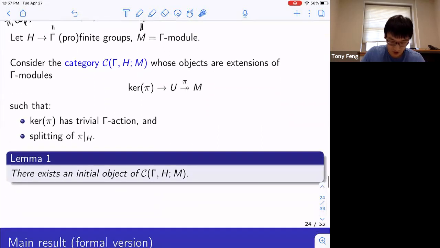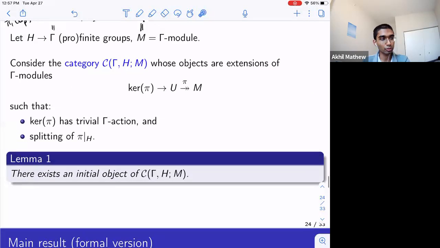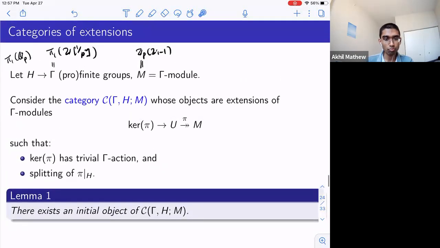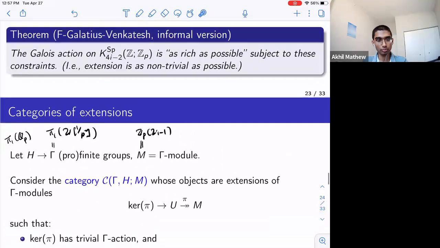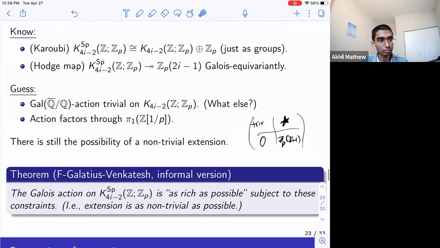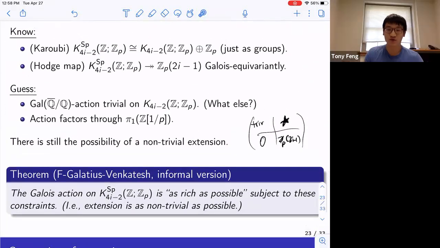But okay, there's a question from Ellen, whether the gamma action on the kernel is trivial or not. Very good question. As I say, this was just a guess of what should be true. It'll end up being proved that it is trivial, but it gets proved at the same time as everything in some sense.